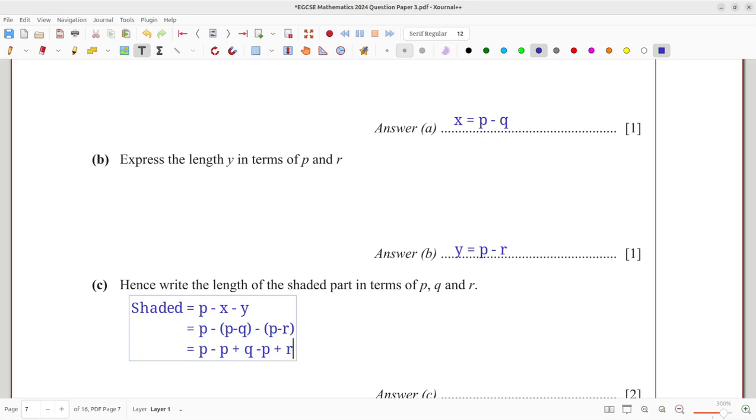Then that is going to give me overall q minus p plus r. And that's the solution.